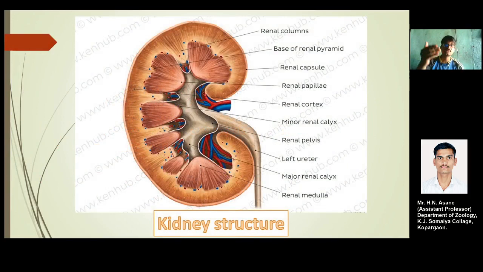It is a vertical section of one column from one pyramid to these renal papillae and the sinus, and that is elaborated in that slide. So that will be the TS of the kidney.